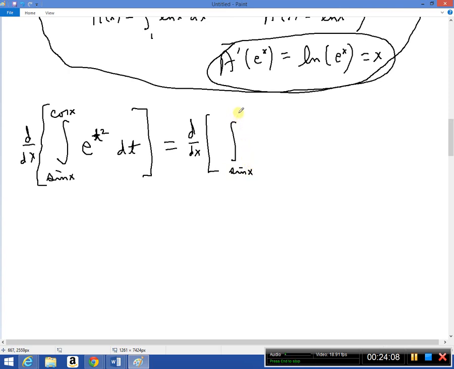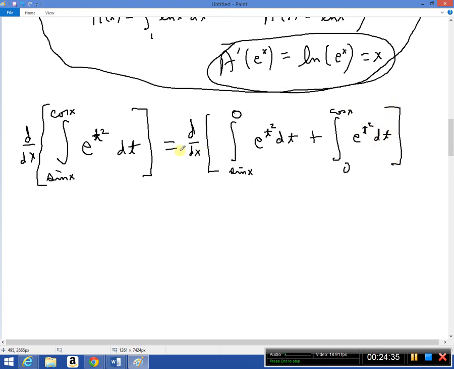It really doesn't matter. You can pick 0 if you like, and I guess I will. Pick your favorite number. And it's the integral from sine x to 0 of e to the t squared dt plus the integral from 0 to cosine of x of e to the t squared dt.